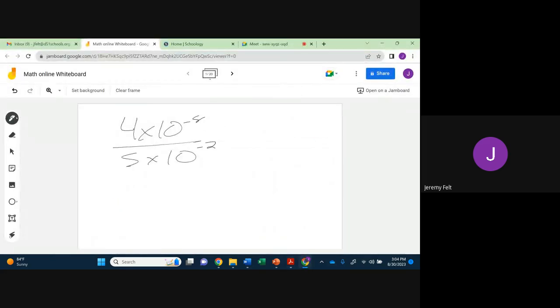Okay. 4 divided by 5 gives me 4/5, or 0.8. Okay, 10 to the power of negative 8 divided by 10 to the power of negative 2, I subtract. So negative 8 minus negative 2 gives me negative 8 plus 2, which is negative 6.